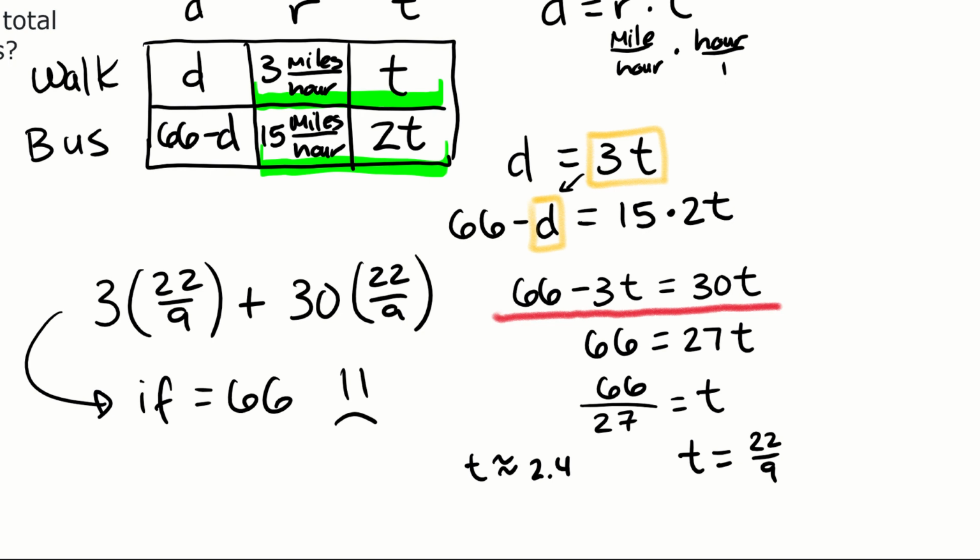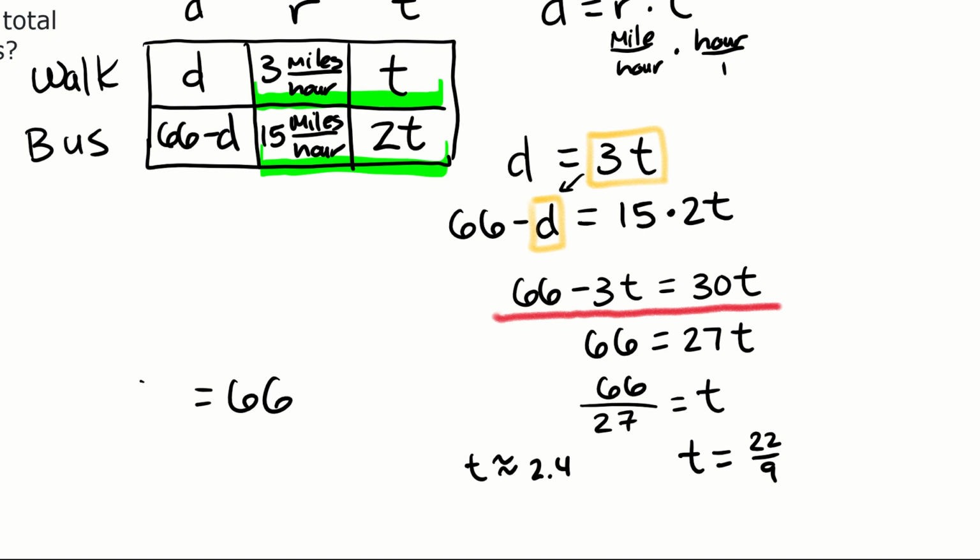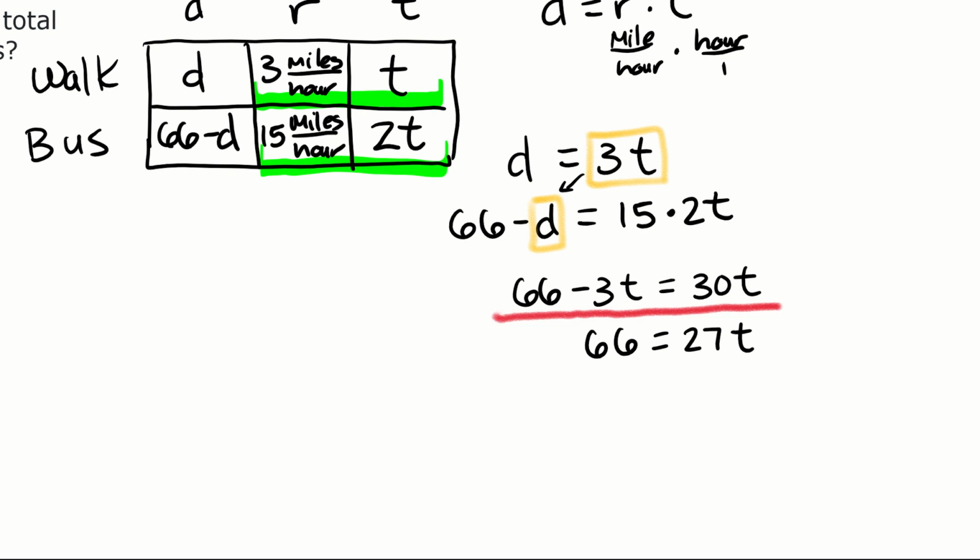That should have been 33t. I didn't add the same thing to both sides. On the left hand side I added 3t, and on the right hand side I subtracted 3t.